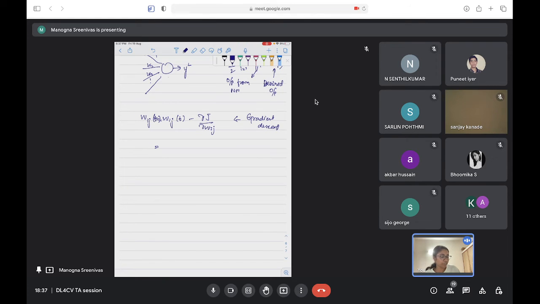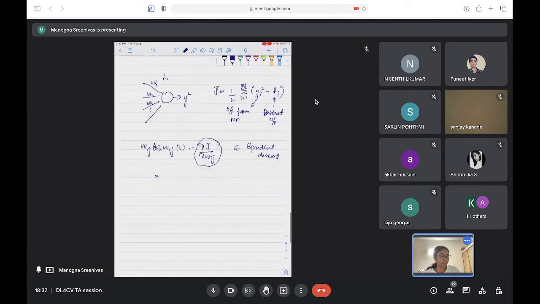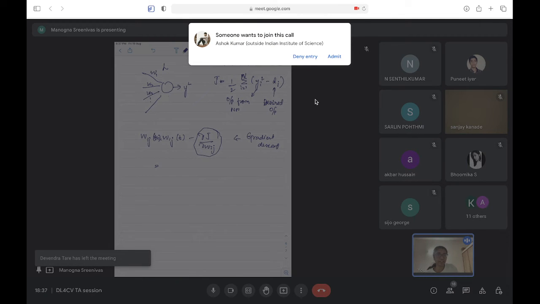In order to update them, I need to calculate these gradients with respect to each weight in the entire network.